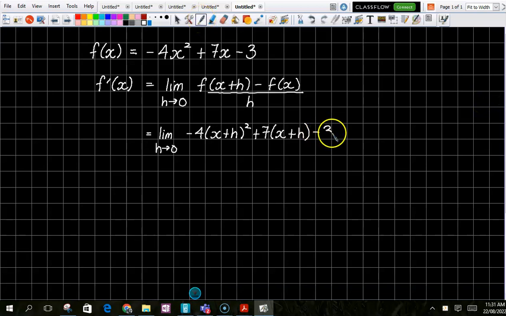Take 3. Minus, what's it then telling you to do? It is telling you minus the function itself.